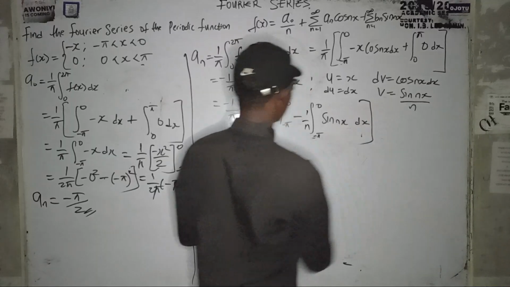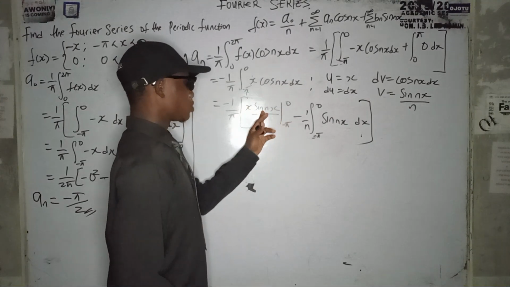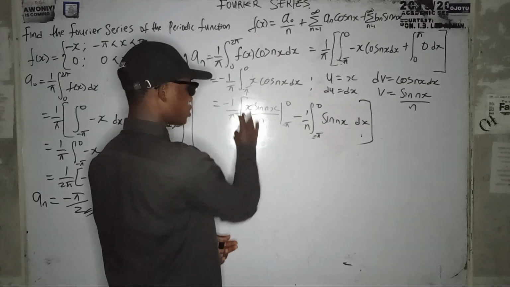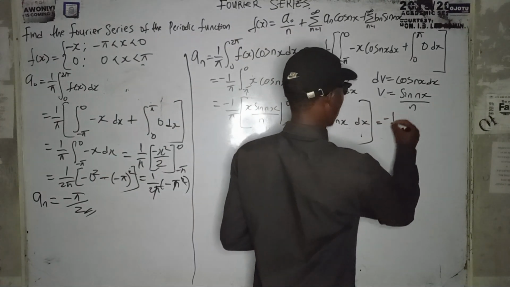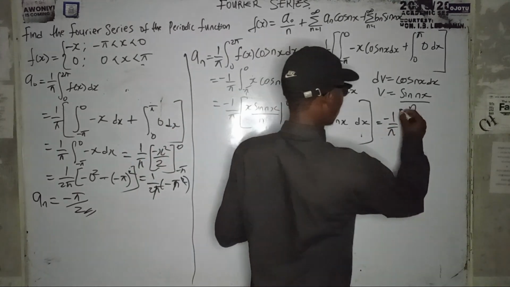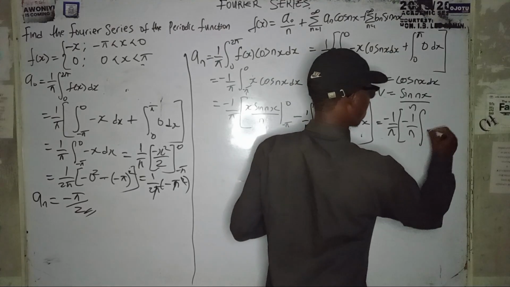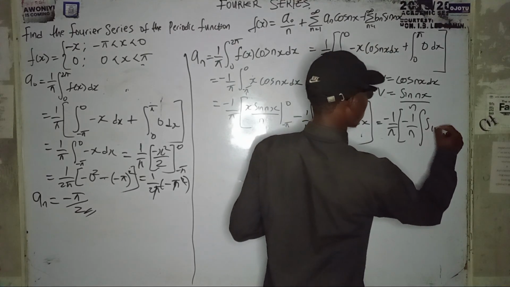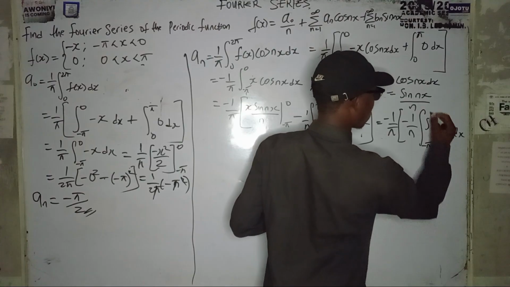Now if we put minus pi into here, we get 0. If we put 0 into here, we also get 0. So this will cancel out, and we are going to have minus 1 over pi, into brackets minus 1 over n, the integration of sine nx dx from minus pi to 0.